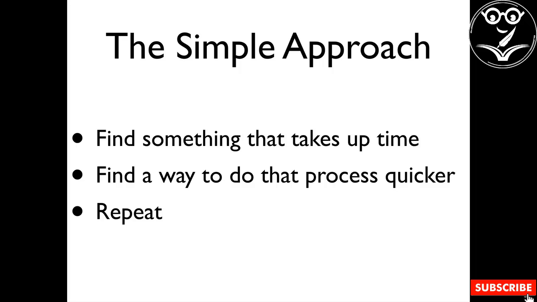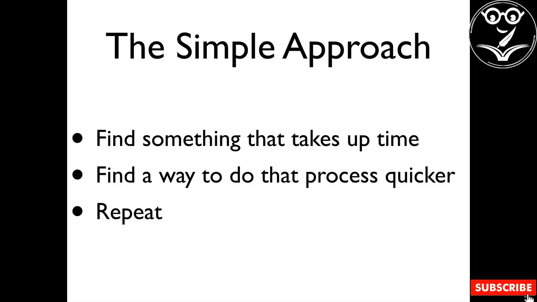All you do, find something that takes up time. Basically, you're identifying the problem, because you can't solve a problem unless you identify it first. Then, you're solving the problem by finding a way to do that process quicker or to completely eliminate it from your entire social media strategy.